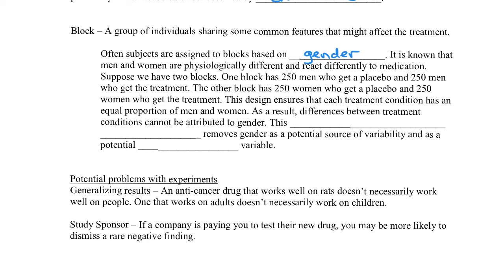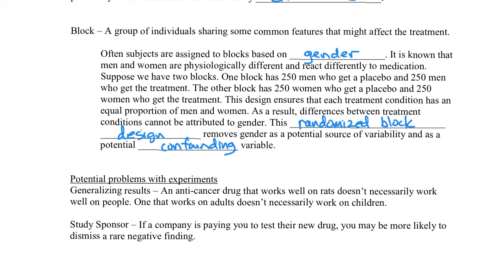So this randomized block design removes gender as a potential source of variability and as a potential confounding variable. The one mentioned in the book is dealing with some sort of fertilizer. So there's an example of blocking in the homework.